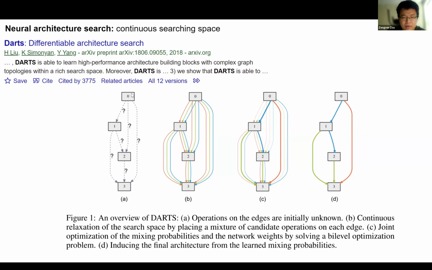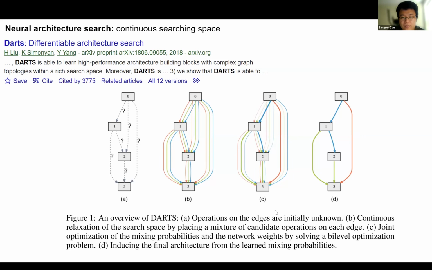There's a connection between 0 and 3, so it could be, let's say in ResNet, a skipping connection, or it could be different activation functions. For instance, from node 0 to node 1, it could be hyperbolic tangent, it could be ReLU, it could be linear, meaning that there's no nonlinear activation function. So those are to be determined.